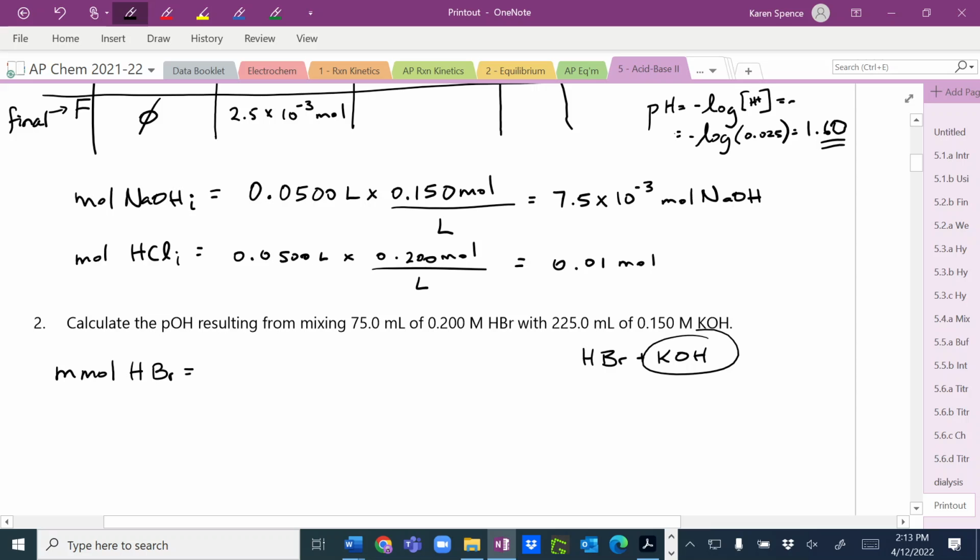And that is 75 milliliters times 0.2 moles per liter. And that gives us 15 millimoles of HBr.